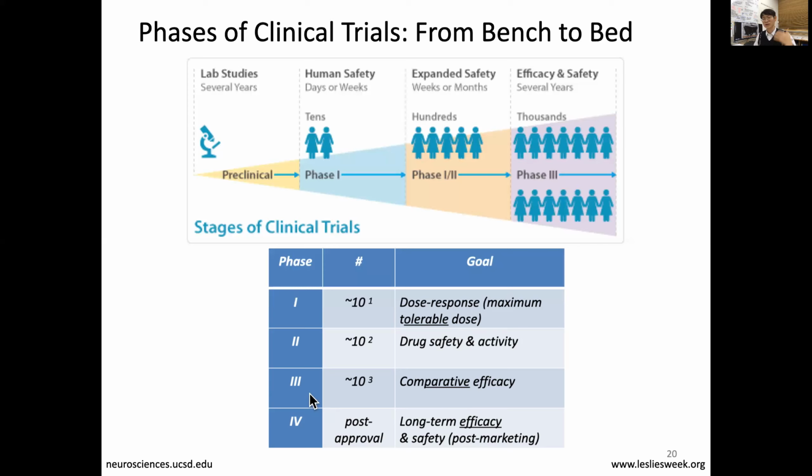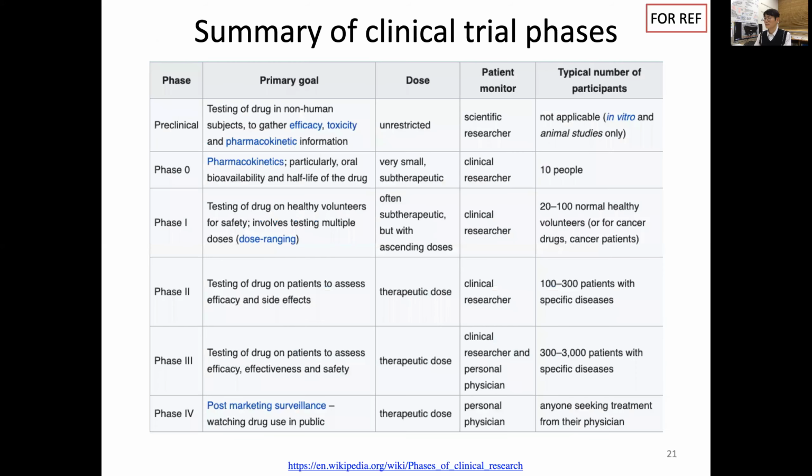After phase 3, the drug will be on the market, and we still have to check whether there are any remaining issues. That we call phase 4, post-approval, where we want to see long-term efficacy and potential safety issues which were neglected or overlooked, or didn't show up in previous phases.